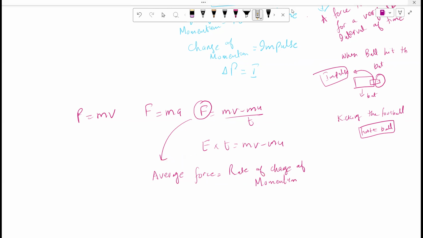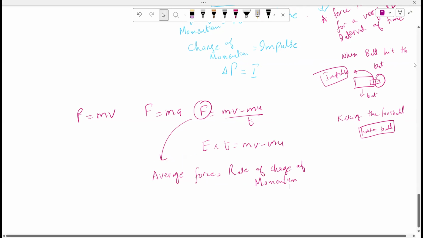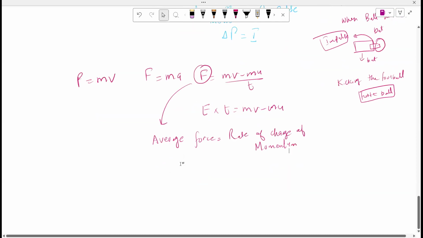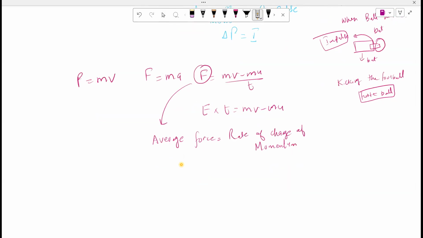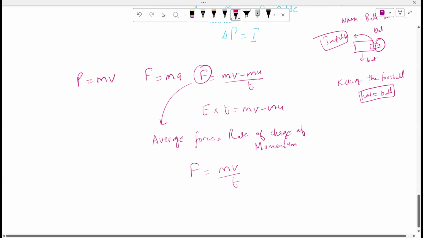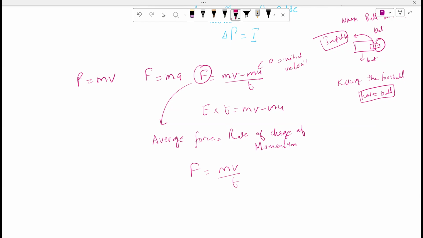So if there comes a question where the examiner asks you to find the average force, the formula we're going to use is this. Sometimes the examiner mentions that the initial velocity is zero, which simply means F equals mv over t, because u is zero when the object is starting from rest. Both have the same meaning.